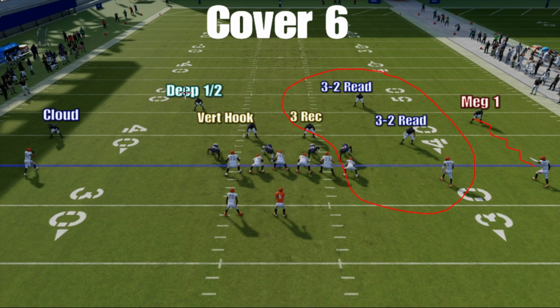And we're able to do this because we're not stealing the backside safety to take the vertical of number 3, right? So, again, we're playing stubby, or palms, on this side of the field, but we're just playing cover 2 on this side of the field, right? That's why it's important: once you learn palms, now you know how cover 6 plays against trips. We really don't even have to go over anything, okay?